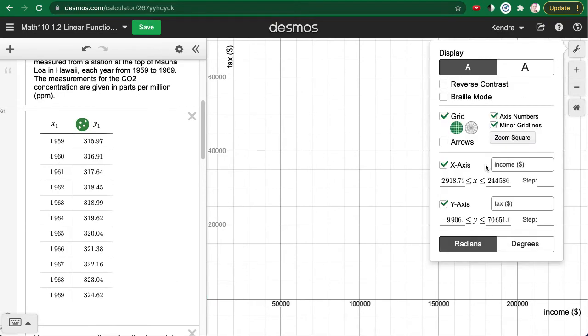I'm going to change my scale. The x-axis is going to be the year, and the y-axis is going to be CO2 concentration in parts per million.